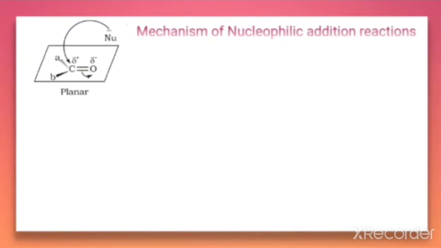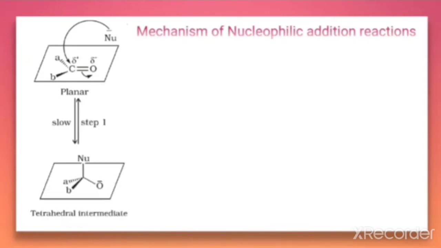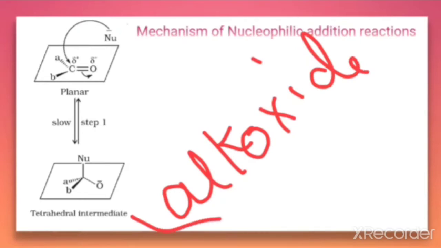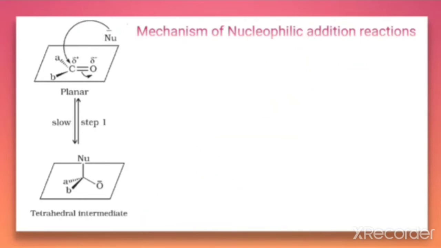Because of this attack, in step 1 it forms a tetrahedral intermediate, which is called an alkoxide intermediate, having tetrahedral geometry.